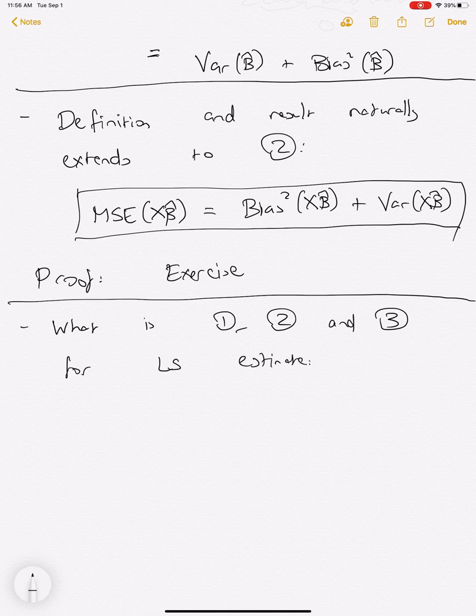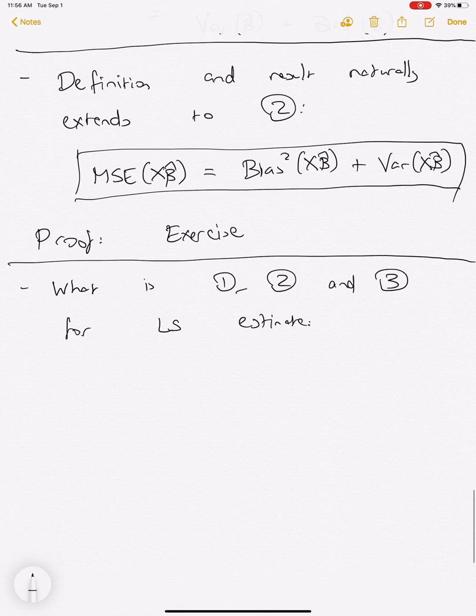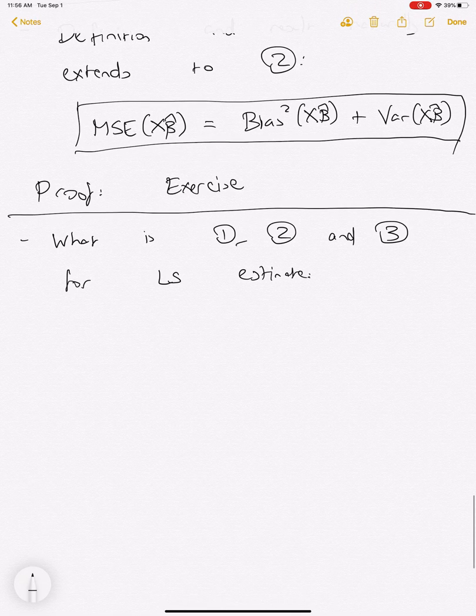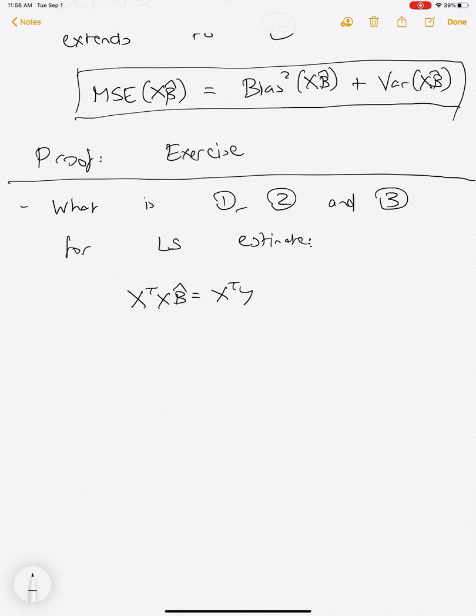Remember that any least squares estimate satisfies this equation, these normal equations. And then we also know that the model we have is that y equals Xb plus epsilon.